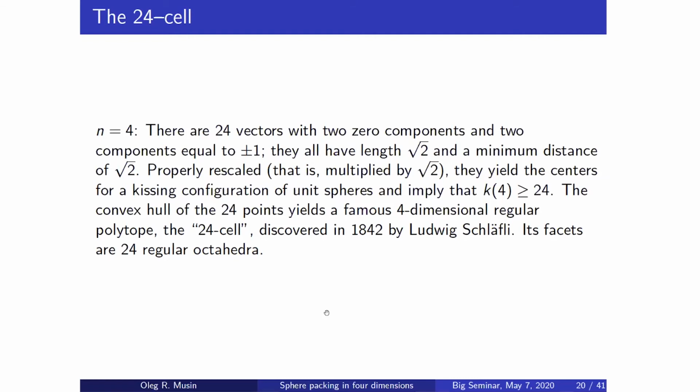It is easy to consider all vectors that have two zero components and two components equal to plus or minus one. Then these vectors form the vertices of a regular polytope called the 24-cell. It was discovered in 1842 by Ludwig Schläfli.